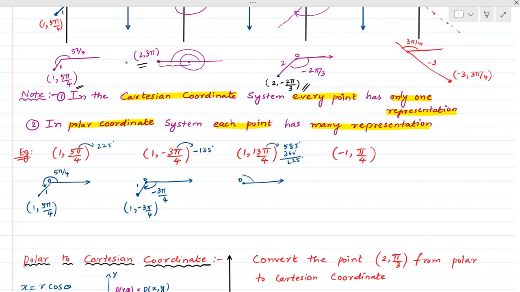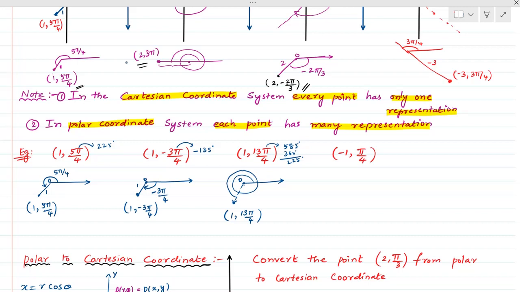So it will cover one full rotation, and it will go through the first quadrant, finish, second quadrant, finish, and it will reach the third quadrant. So you will find this part the same. So r is equal to 1, and this is the angle, which is 13 pi over 4. So this point is 1 comma 13 pi over 4. So this is also the same point you have.